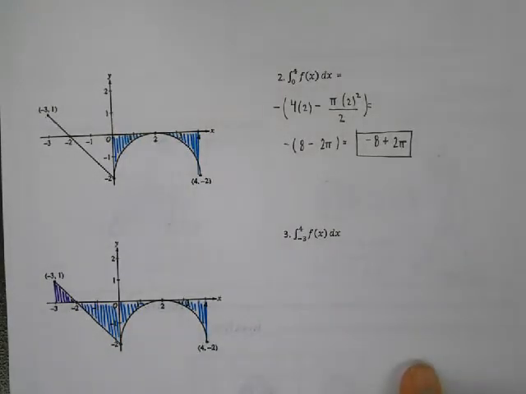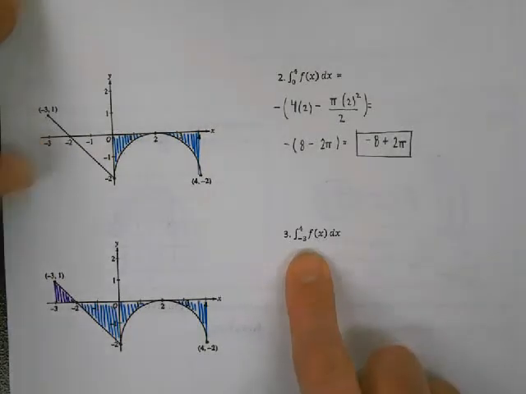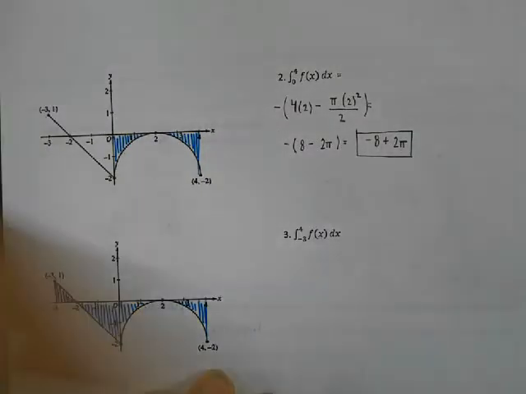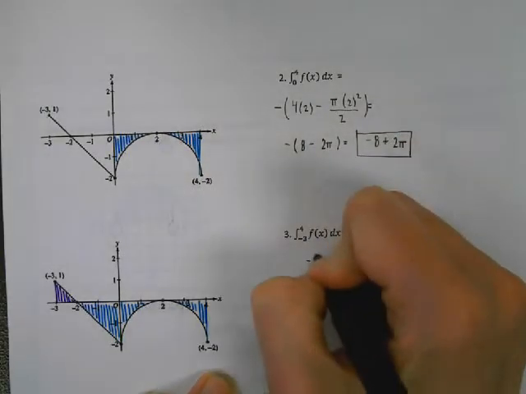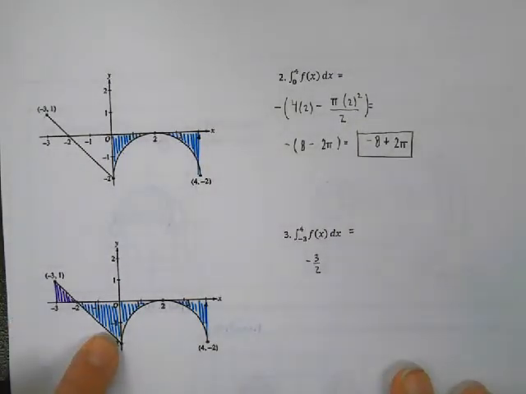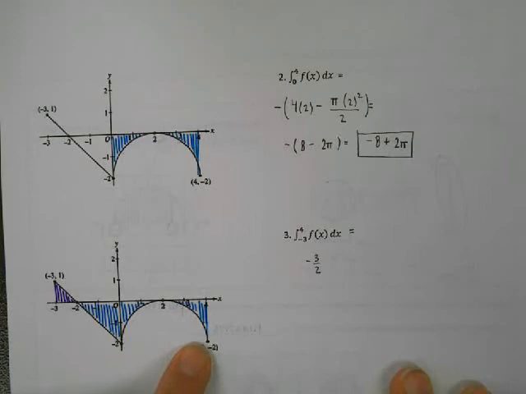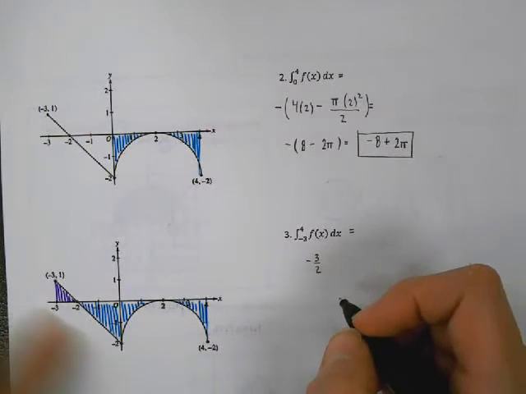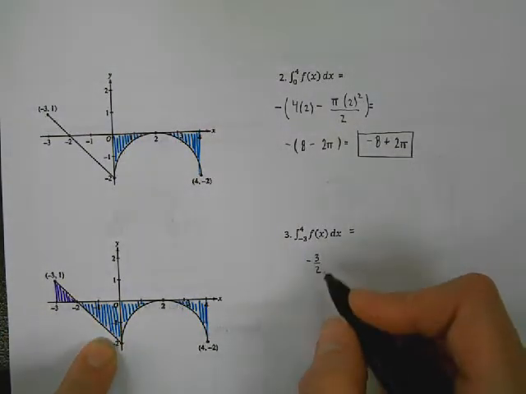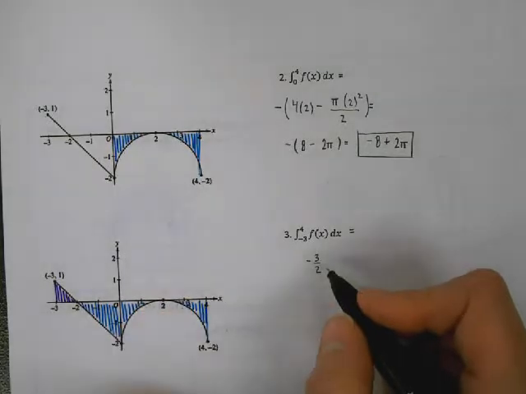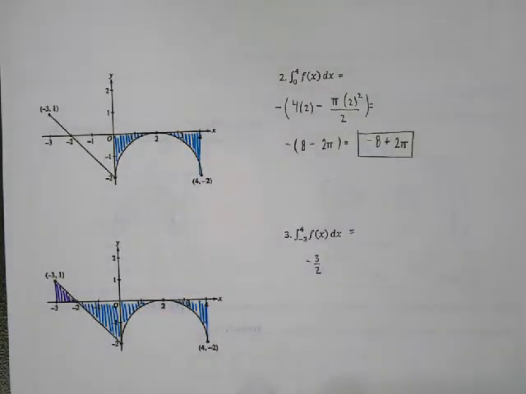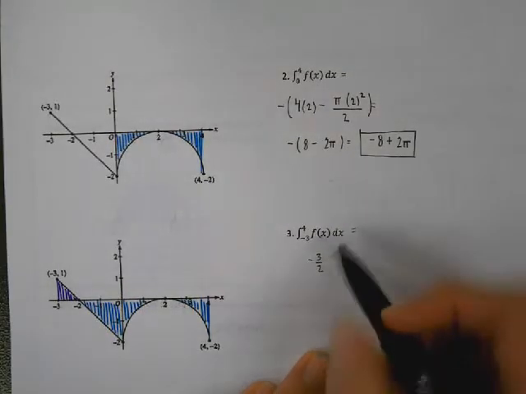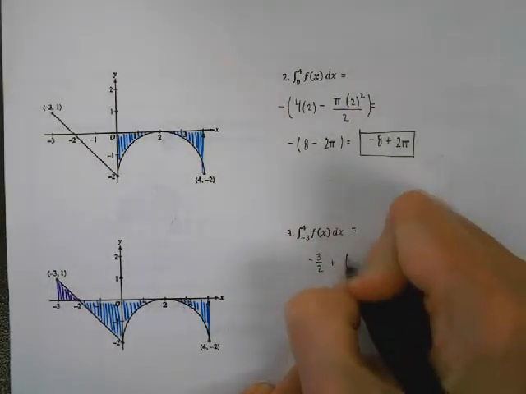We already calculated the value from negative 3 to 0, and we knew that was negative 3 halves. We also did from 0 to 4. Now, this was a negative, and I have to remember I'm adding this negative area, so I'm going to add negative 8 plus 2 pi.